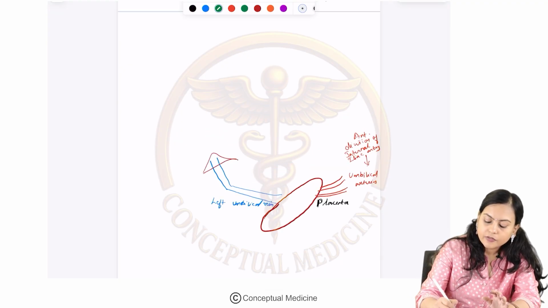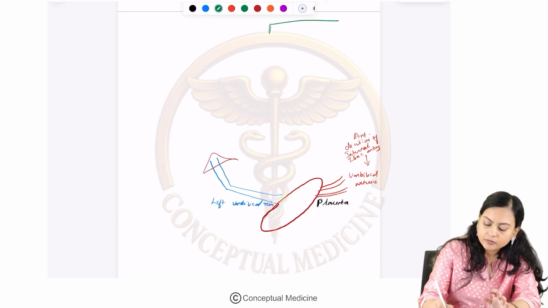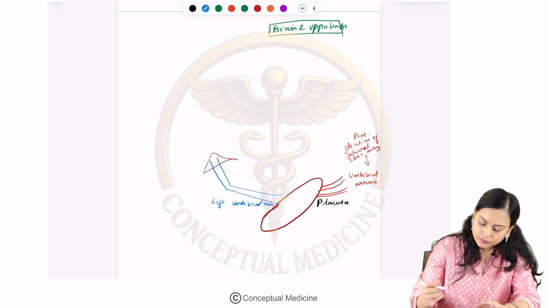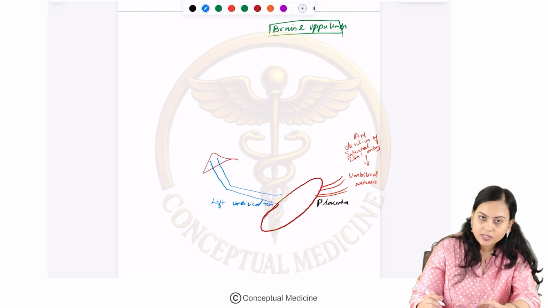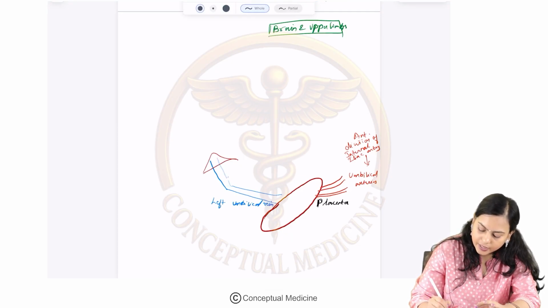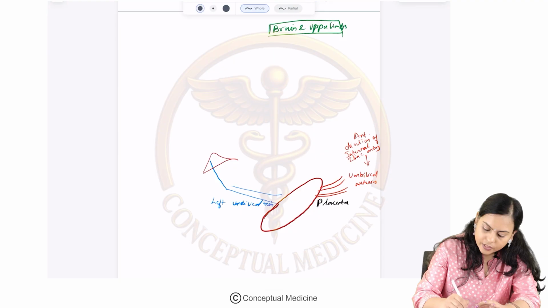So in fetal circulation, it is the brain and upper limbs that need most of the oxygenated blood. So what is happening here is, there is a ductus venosus which helps in shunting of the blood from the left umbilical vein to the inferior vena cava.